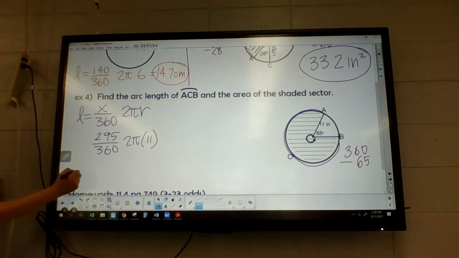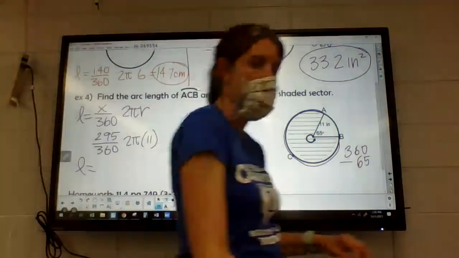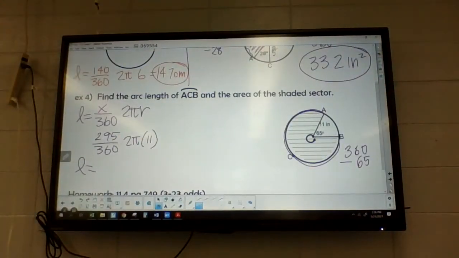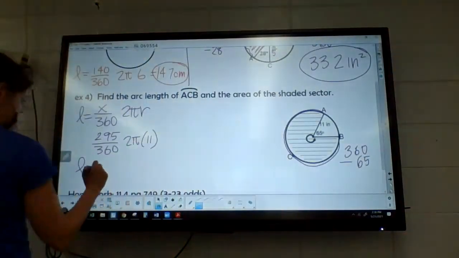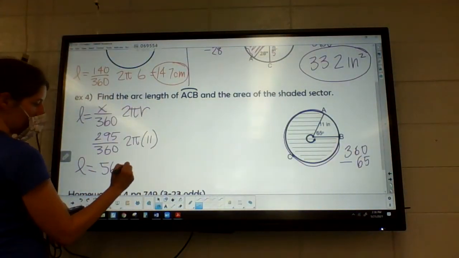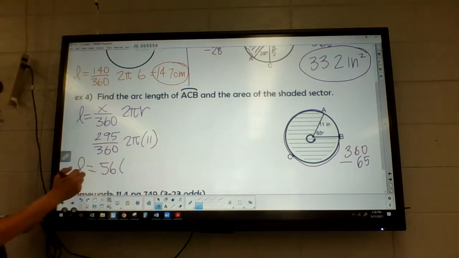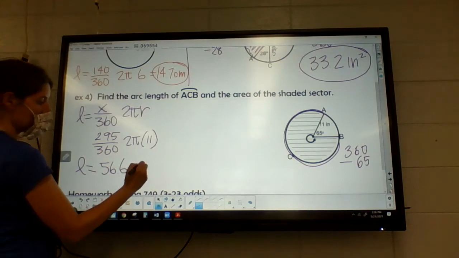So I'm going to find my arc length with that. And 56.6, I believe. And that's the arc length. So that's the distance along that edge. And that would be inches in this case.